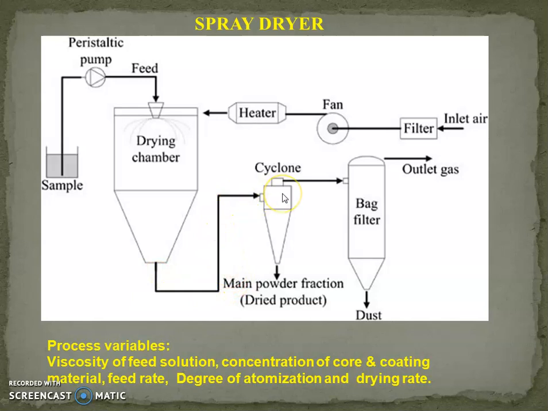passed into the cyclone separator where the product having the larger particle size, or the microcapsules having larger particle size, are collected at the bottom, that is the product collector.